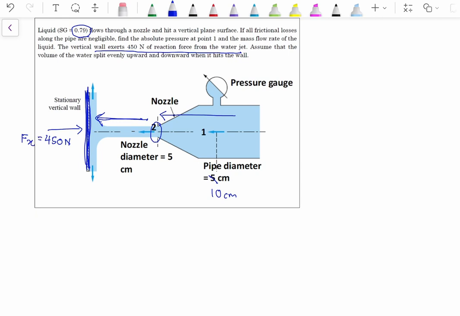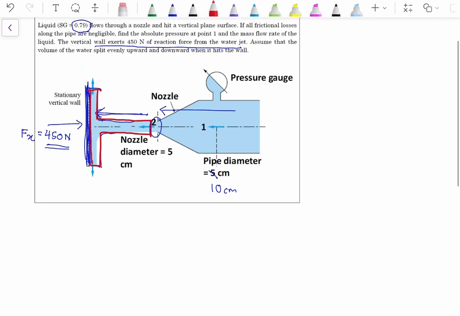So now the next step is, since this is the information given, we take out the control volume of the water at this area.